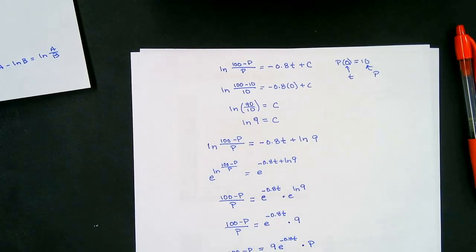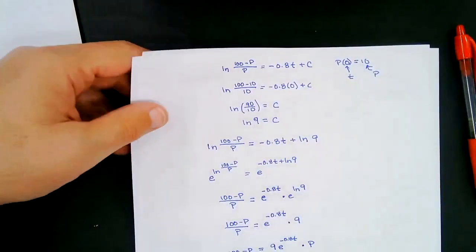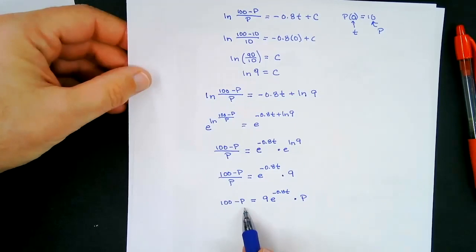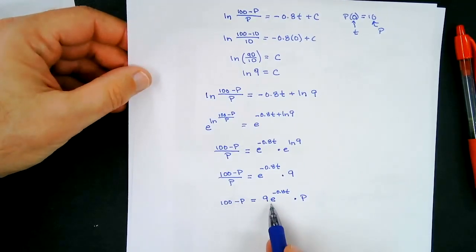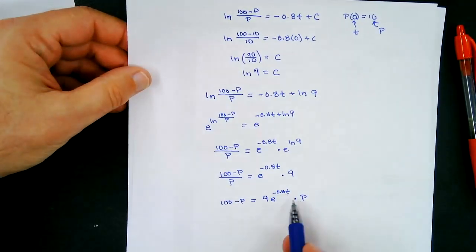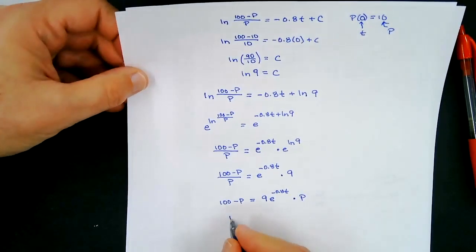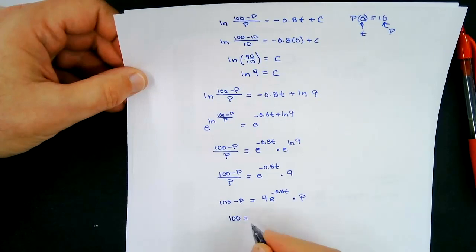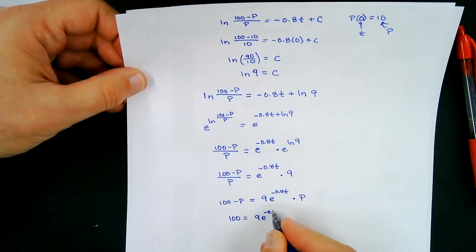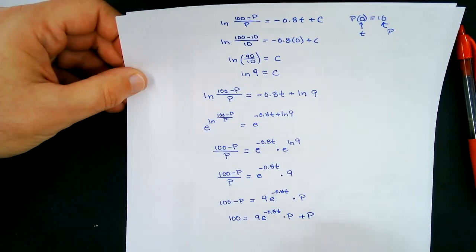And so now it's a matter of getting everything with p on one side, all right? So we're going to move this, because this is 9e to the negative 0.8 t times p. I'm going to add p to both sides. And so I wind up with 100 is equal to 9e to the negative 0.8 times t times p plus p.